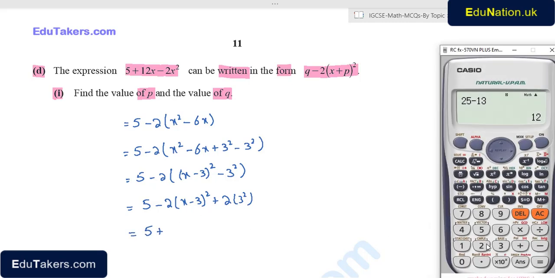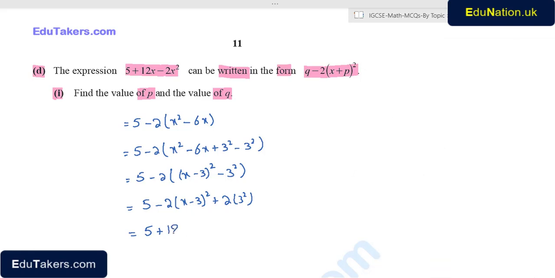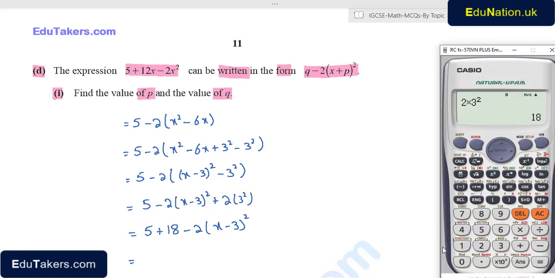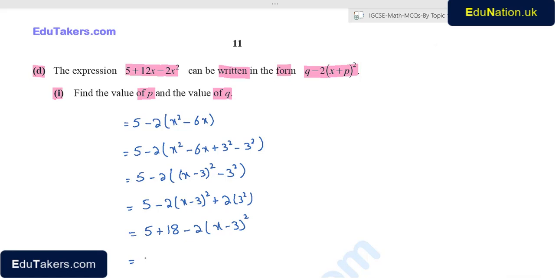plus 2 multiplied by 3 square is 18. So 5 plus 18 minus 2 into x minus 3 square. Now 18 plus 5 is 23. 23 minus 2 into x minus 3 square.